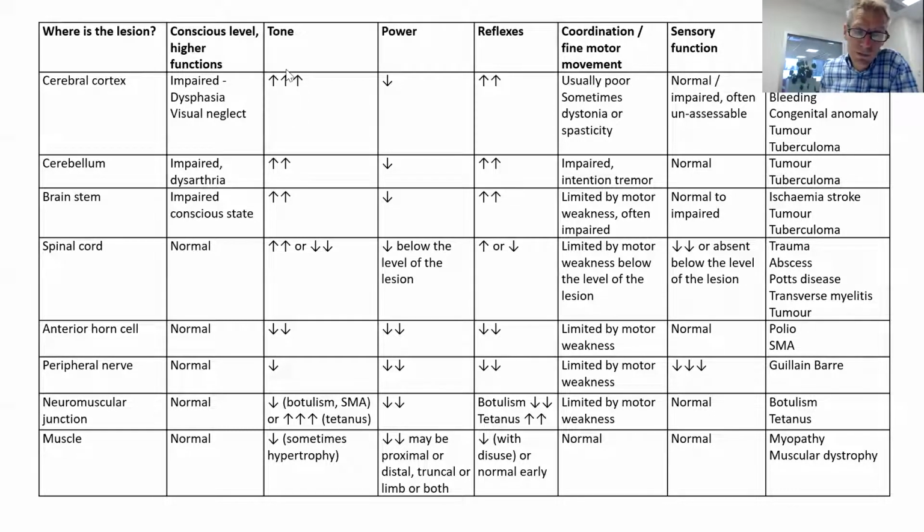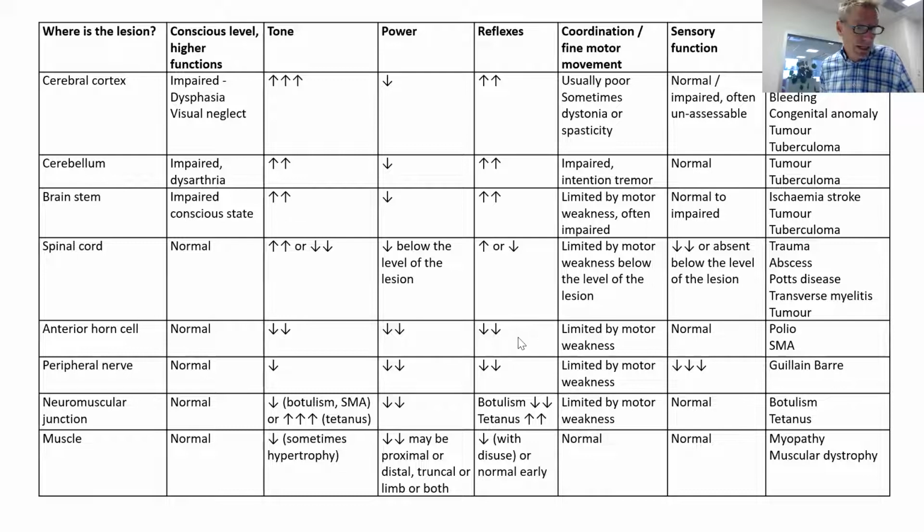And so similarly, if you've got a lesion at the cerebral cortex, the tone is usually increased. Usually there's an element of spasticity, and the power is decreased. Of course, with all different levels, the power is decreased, but the reflexes are increased if there's a cerebral cortical lesion. Whereas if you've got a peripheral nerve lesion, like an anterior horn cell lesion, or a peripheral nerve lesion, or a muscular lesion, then usually the reflexes are reduced.